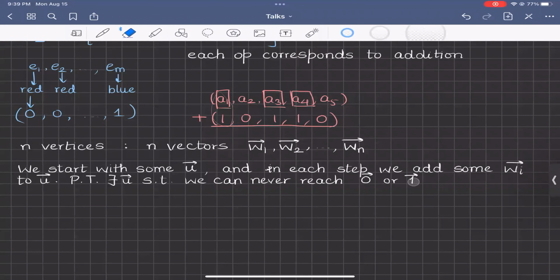We can reach neither 0 nor 1. That just makes it clearer. Reach neither the 0 vector nor the 1 vector.